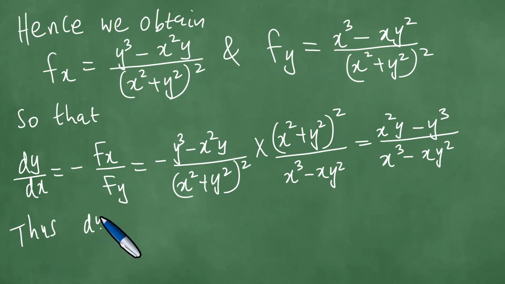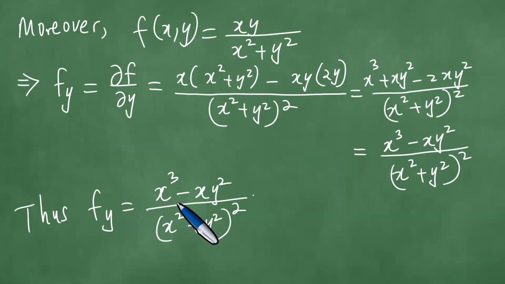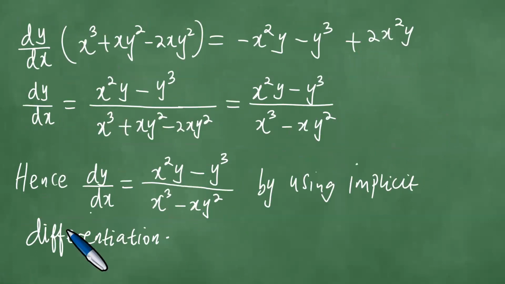Thus, we can say dy dx is x squared y minus y cubed, divided by x cubed minus xy squared. Now pay particular attention. This is x squared y minus y cubed divided by x cubed minus xy squared. It's exactly the same as the other result we got.